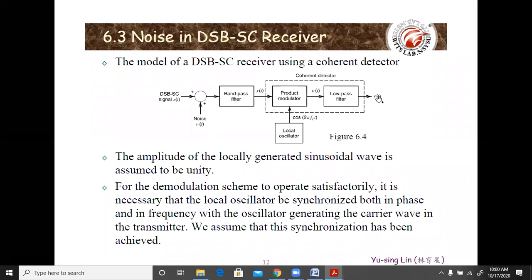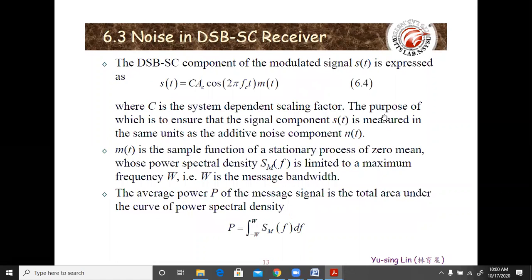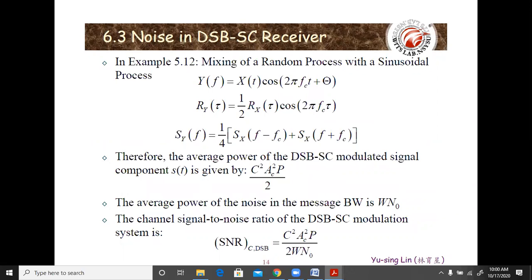If you take the autocorrelation function corresponding to that, you get Ry(tau) equal to 1 by 2 Rx(tau) cos of 2 pi fc tau. So the spectral density of the output, Sy(f), will be equal to 1 by 4 of Sx(f minus fc) plus Sx(f plus fc). So both the frequencies will come out there.